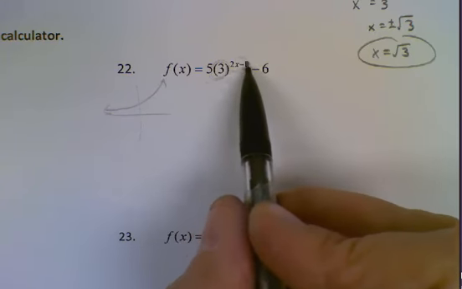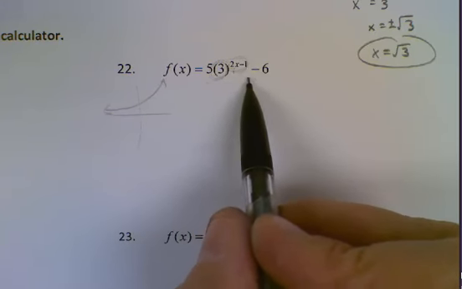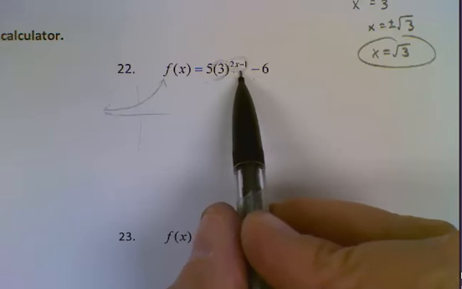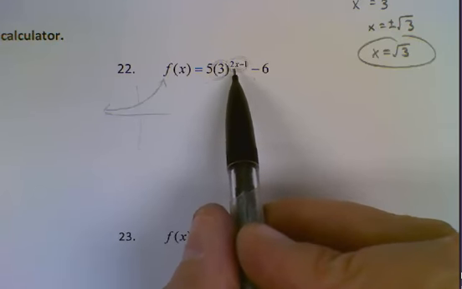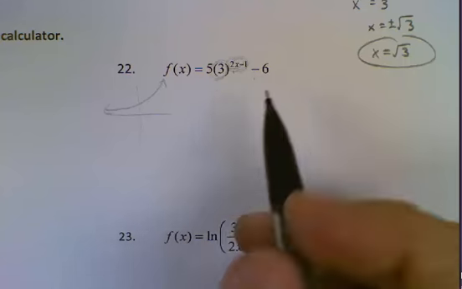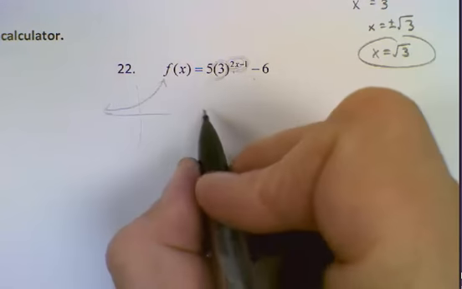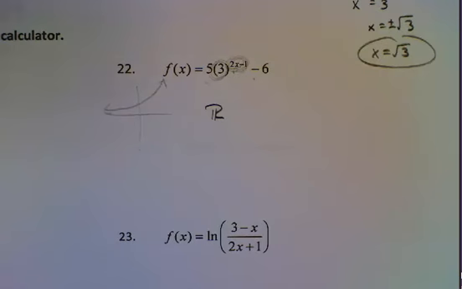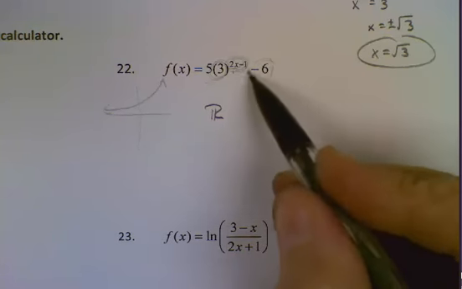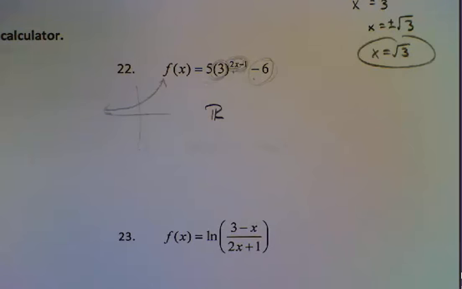I can plug any number in an exponential to solve it. I have no restrictions. I can put in positives, negatives, radicals, anything I can put there. So because that domain is all reals, or it's exponential, that domain is all reals. If I asked you the range, that would be a little bit different, because then you'd have to worry about, oh, it got pushed down 6 units, and know that to find the range. But we were just asking for the domain.